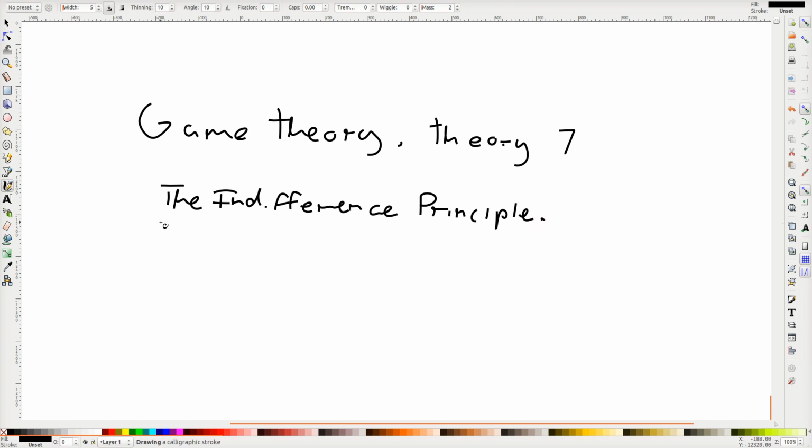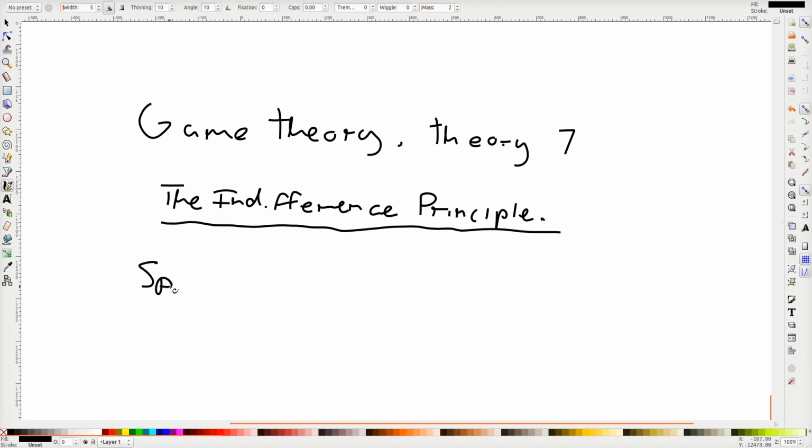So, this is a statement of truth, and it's very useful because it's going to give us what we need to be able to compute Nash equilibria. And of course, last time we talked about why we would want to do that. So the indifference principle, it's a statement of truth, and the statement is as follows.